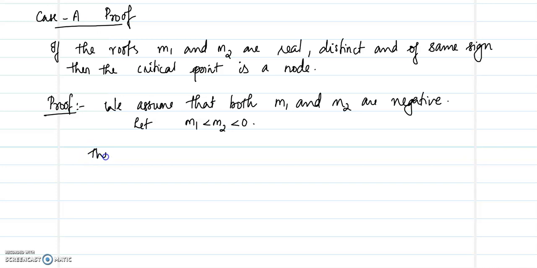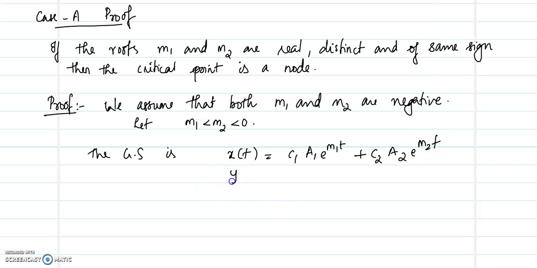Now the general solution is, since the roots are real and distinct, x of t equals c1 a1 e raised to m1t plus c2 a2 e raised to m2t, and y of t will be c1 b1 e raised to m1t plus c2 b2 e raised to m2t.